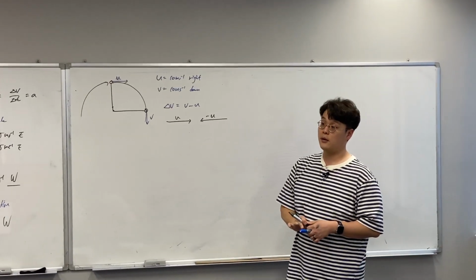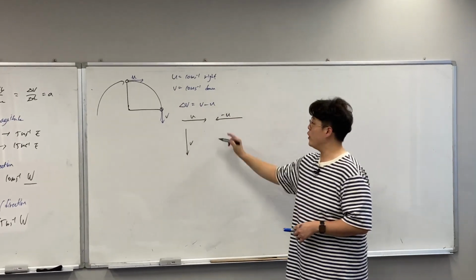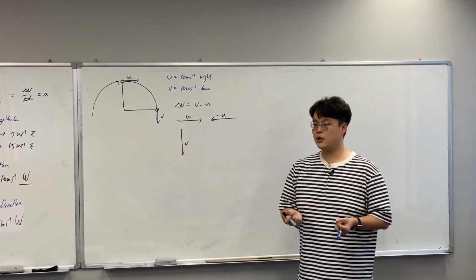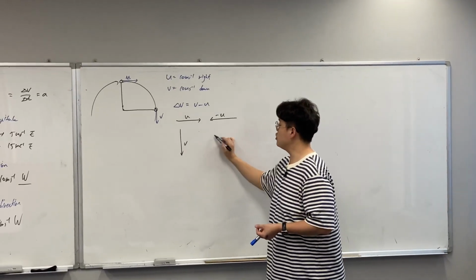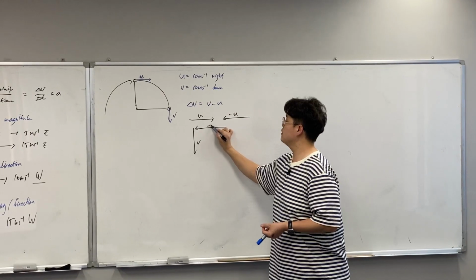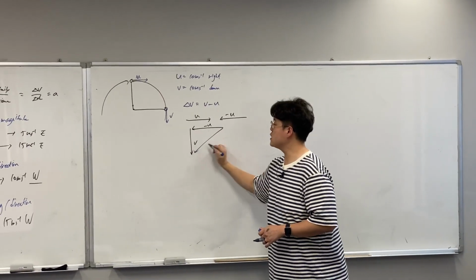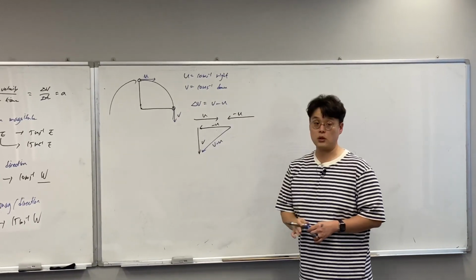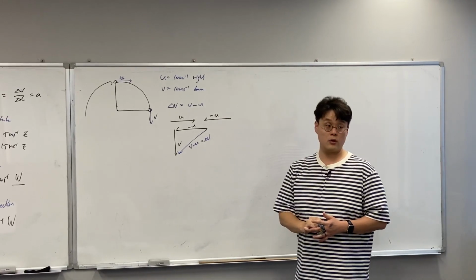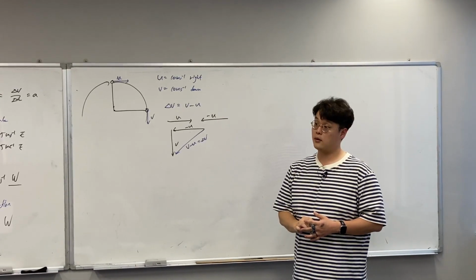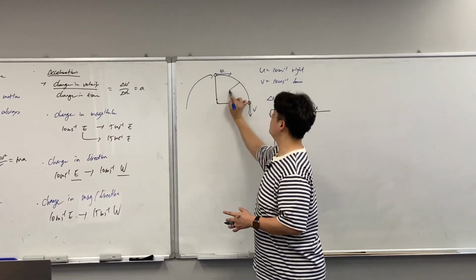V is simply going down, that's V. So adding these two up, the rule is head to tail. So minus U is added to here like that. Can you see? Then the resultant vector is this one. That's called V minus U, the resultant vector, which is known as delta V. Does it make sense? So the delta V is somewhere in the middle. That's delta V.